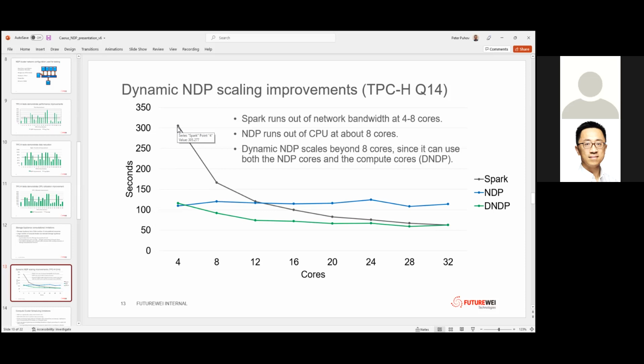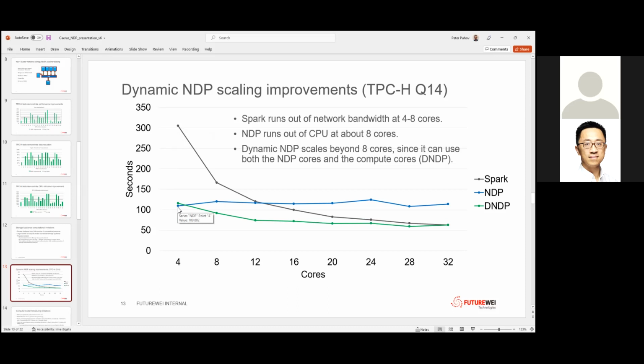Once you start to use NDP on the same cluster, same 4 cores, same everything, you will see the blue line, which takes 109 seconds to perform exactly the same thing. It's almost 3 times faster.